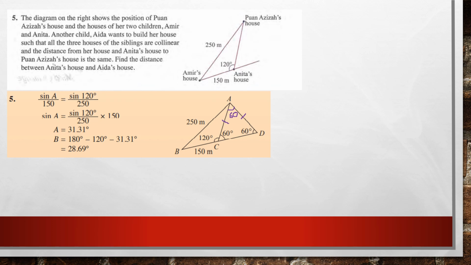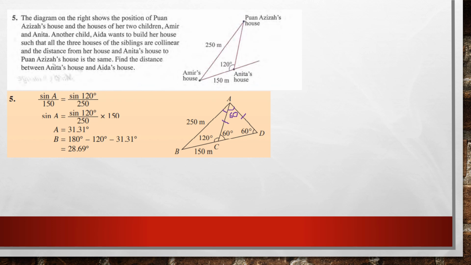So now we want to find the length. The information that we can find is AC. How to find AC? First, we use this pair, 120 and 250, and the given length of 150, so you can find angle BAC first.